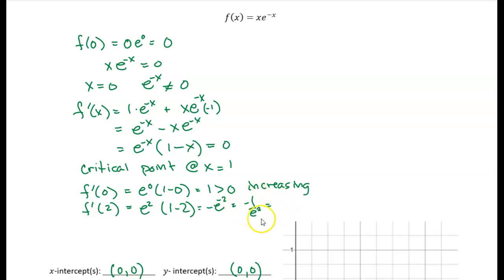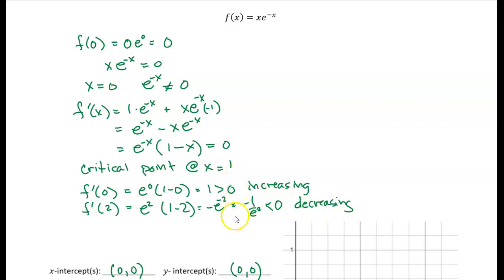Remember, e to any power is going to be positive, but then it's the negative of that. So this is less than 0. That's telling us that the function is decreasing to the right of the critical point at 1.